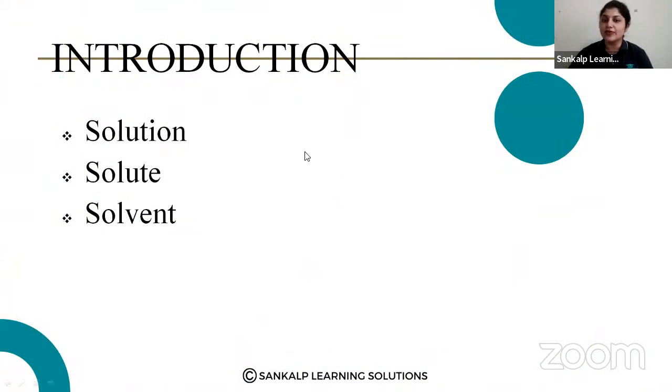Okay, so we have discussed what is solutions. So solutions are homogeneous mixtures which are made up of two or more components. Okay, so for example, as I discussed about salt solution, now you are taking salt in very small quantity, or in a lesser quantity. So when you are taking salt in very less amount, then it is called as solute.